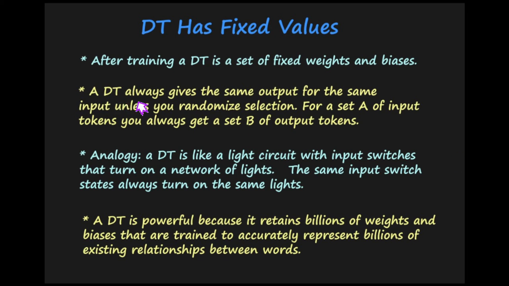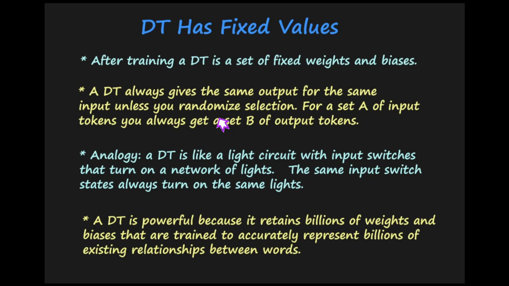The decoder transformer always gives the same output for the same input unless you randomize selection. For a set A of input tokens, you always get a set B of output tokens, or an output token actually. For any particular pattern, you always get the same output pattern every time. It's very straightforward that way.